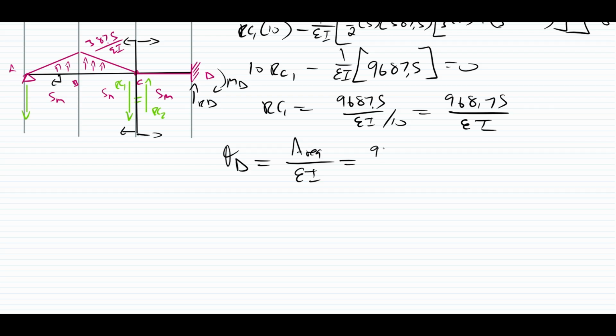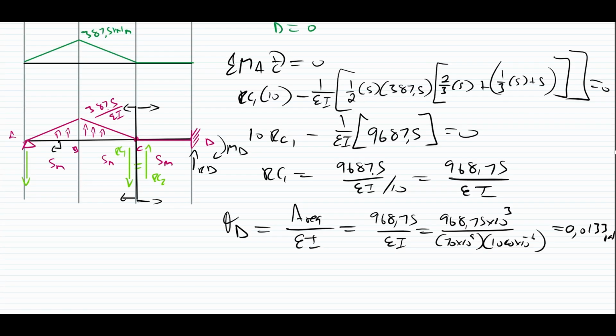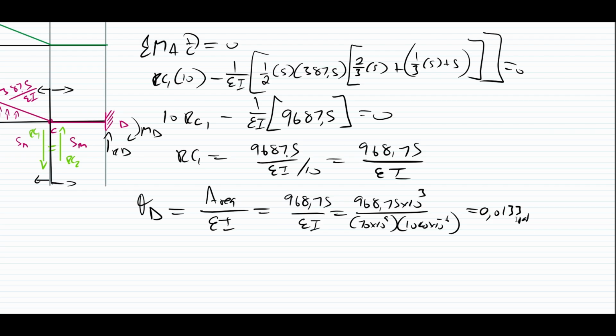We're going to have 968.75 divided by EI, which is 968.75 times 10 to the 3 divided by our EI, 70 times 10 to the 9 times 1040 times 10 to the minus 6. And then you get 0.0133 radians.